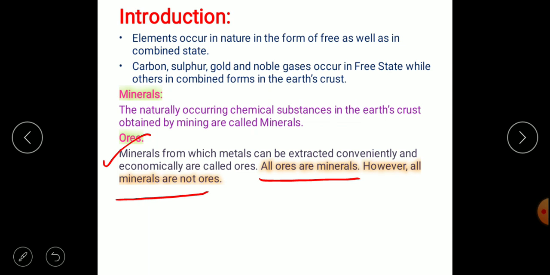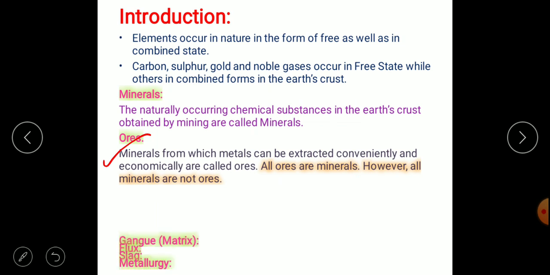For example, iron we are going to extract, and aluminium we are going to extract, so those are called ores. We extract them conveniently as well as economically. This is the important terminology you are going to learn.